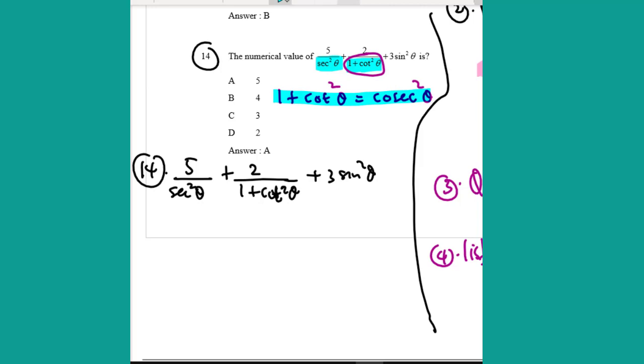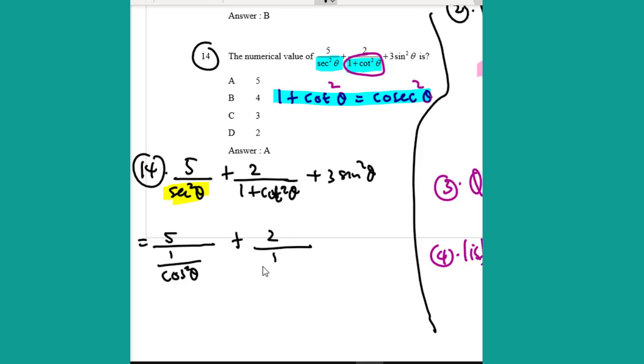Then simplify. Here, the second is 1 over cos. 5 over 1 over cos theta squared, that is 5 cos theta squared, plus 2 over this one, which is equal to cosecant.